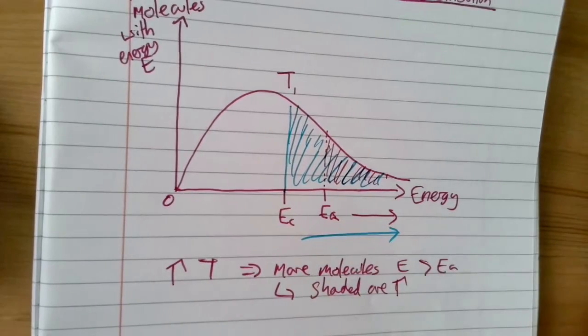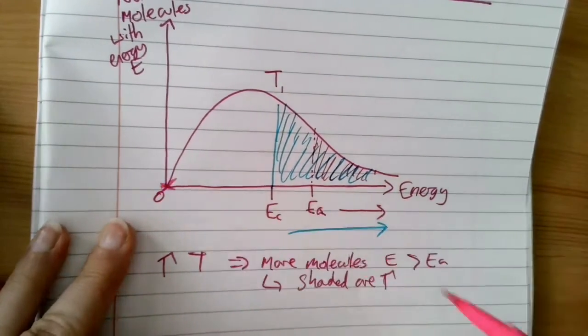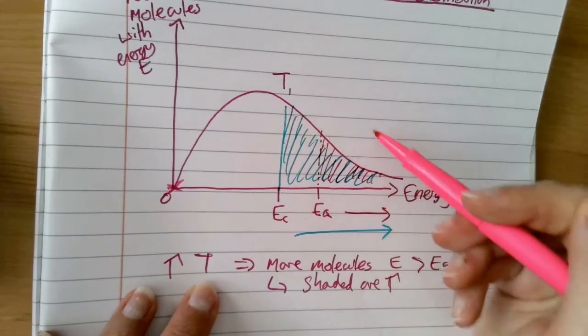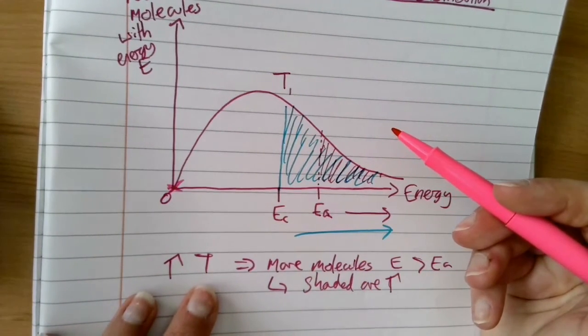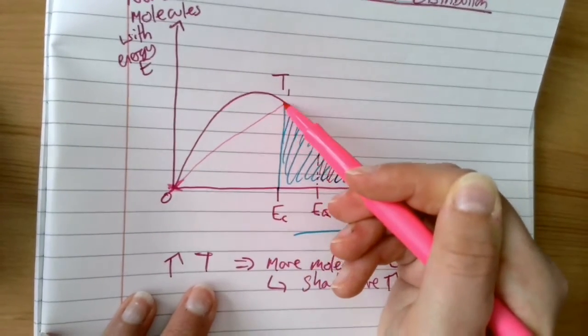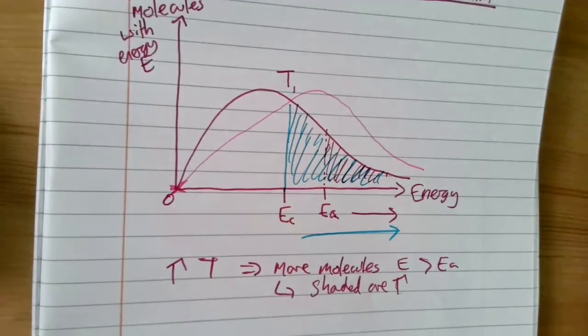We also know though it still has to start at 0, and so in order for the area to increase above the activation energy, then our curve rises shallower, but the peak then falls later.